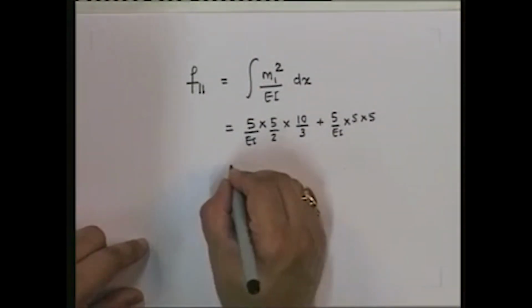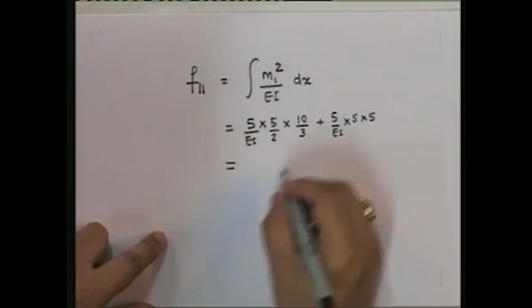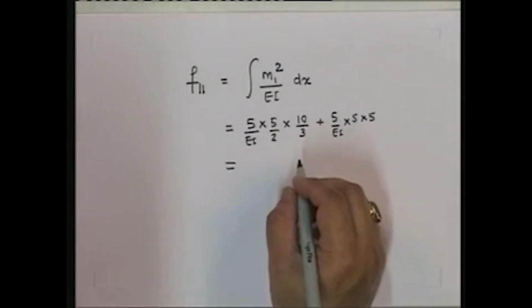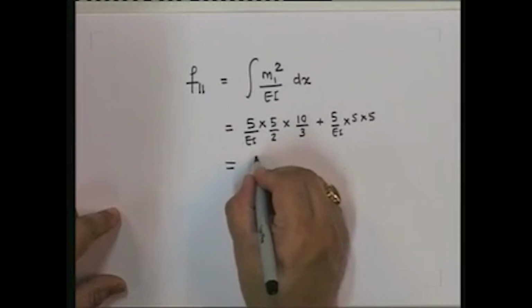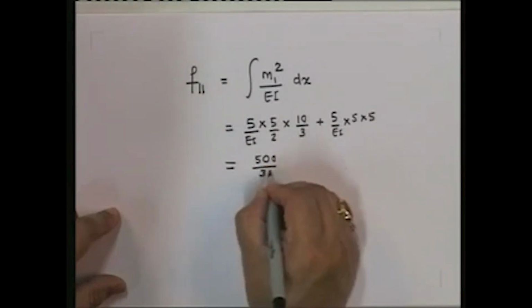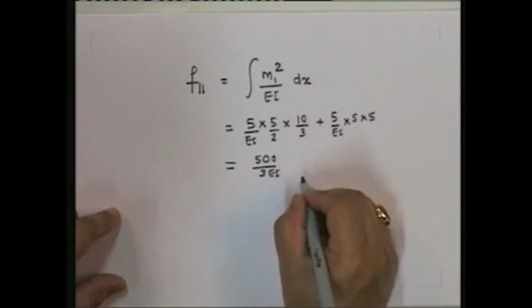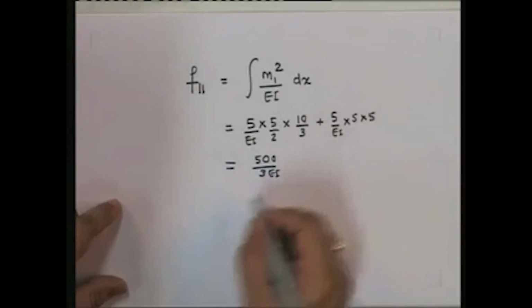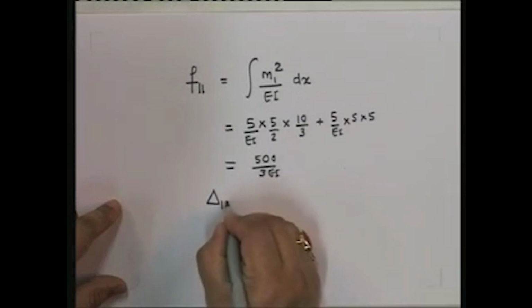Okay. So if we look at this, this is going to be equal to 500 by 3 EI. Okay. And so this is my F11, and so what is my compatibility condition?